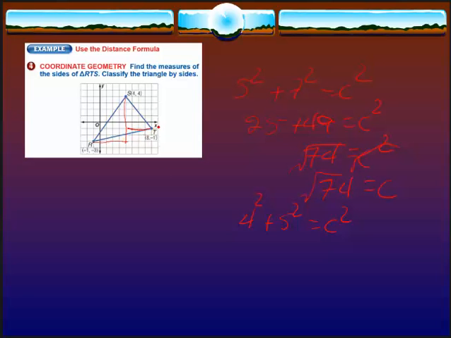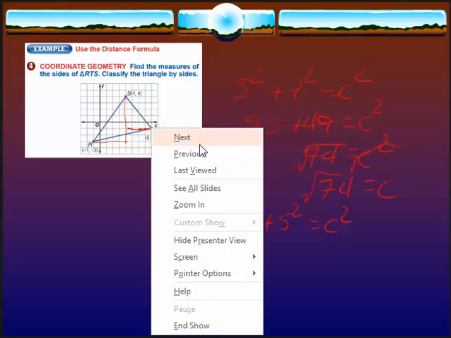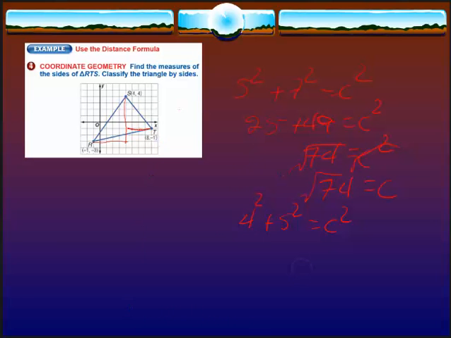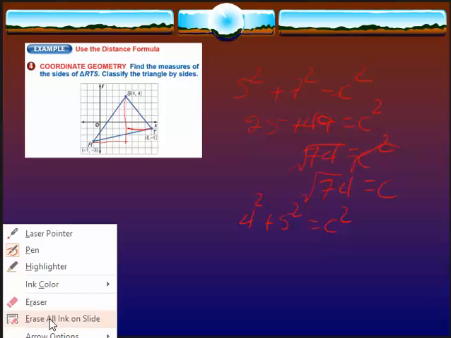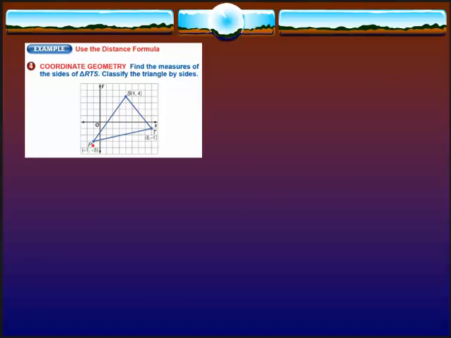Let's see, how about this bottom side here? Go across here, down, so we have 2 squared. 1, 2, 3, 4, 5, 6, 7, 8, 9 squared.